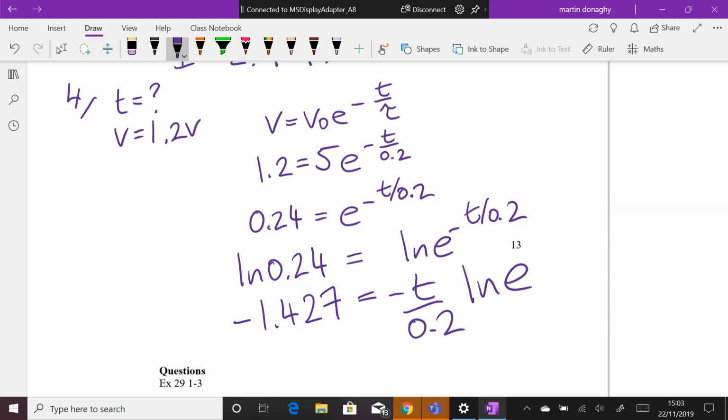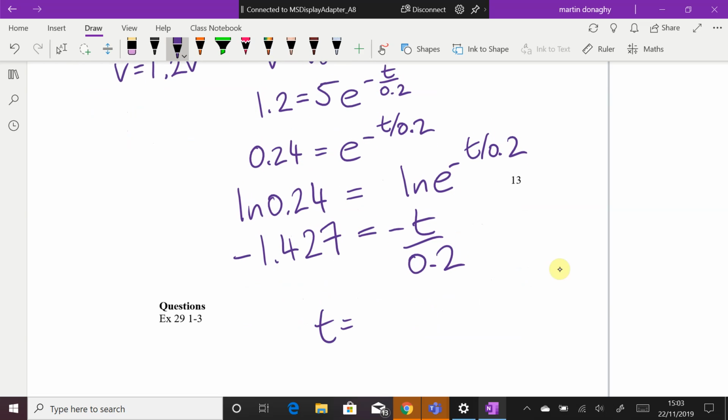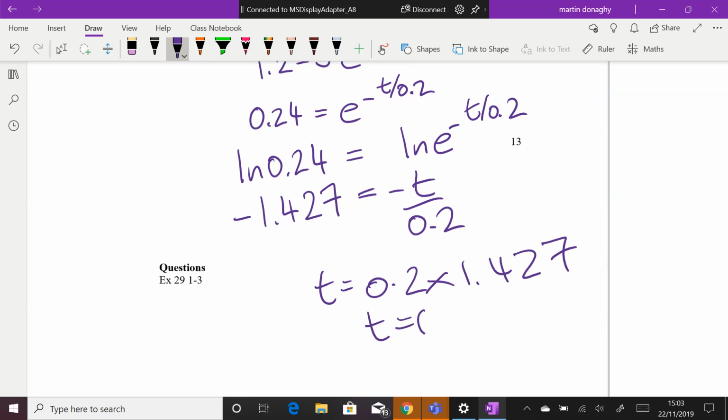What's the natural log of e? 1, so we can just ignore that. So it gives us that t is equal to 0.2 times 1.427, and that will be 0.285 as time, so it's in seconds.